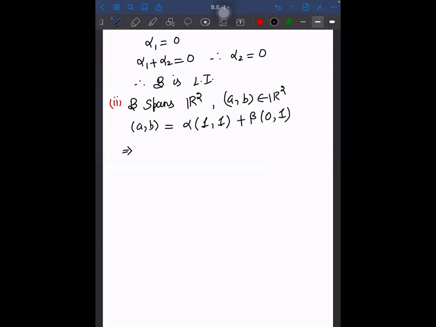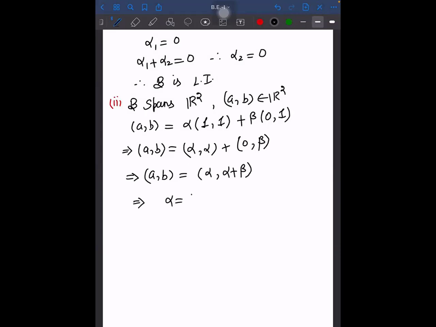So your (a, b) is equal to (alpha, alpha plus 0 beta), so your (a, b) is equal to (alpha, alpha plus beta). So your alpha is equal to a and alpha plus beta is equal to b.